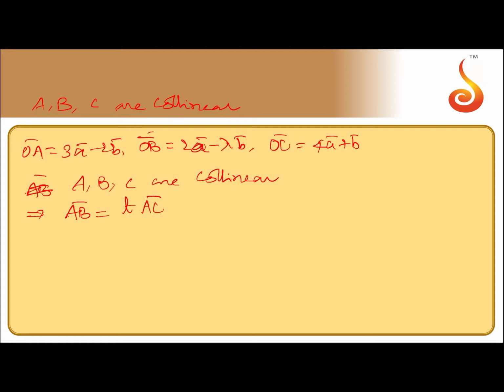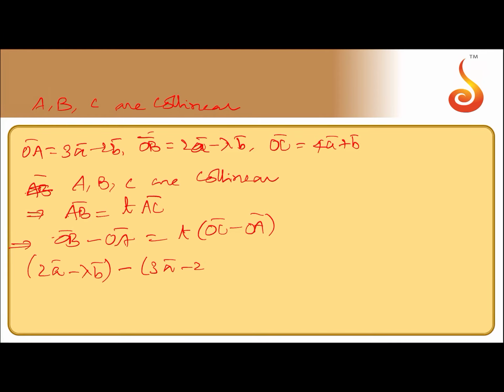That implies OB bar minus OA bar is equal to scalar times OC minus OA. OB minus OA means 2a bar minus lambda b bar minus 3a minus 2b, that is equal to scalar times OC, so 4a plus b, minus OA, that is minus 3a plus 2b.